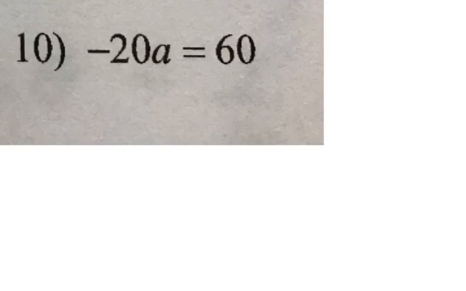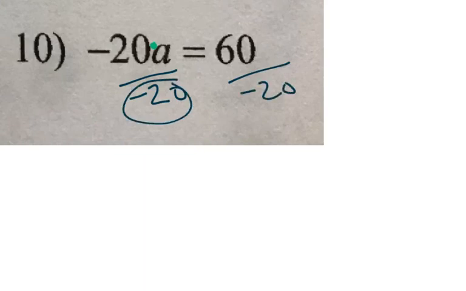Okay, guys. This is so simple but important, guys. Do you agree that negative 20a really means negative 20 times a? I'm trying to put a little dot in there, right? Well, how do we get rid of times? We divide to get rid of times. So I'm going to divide by negative 20 on the left here and then on the right over here. Let's see what happens.